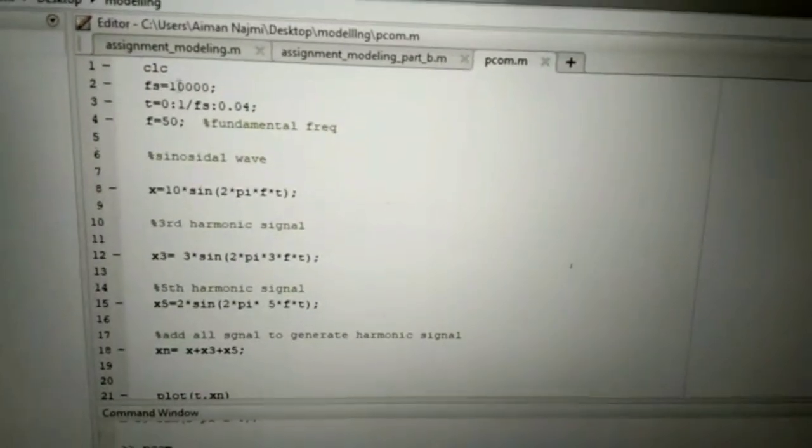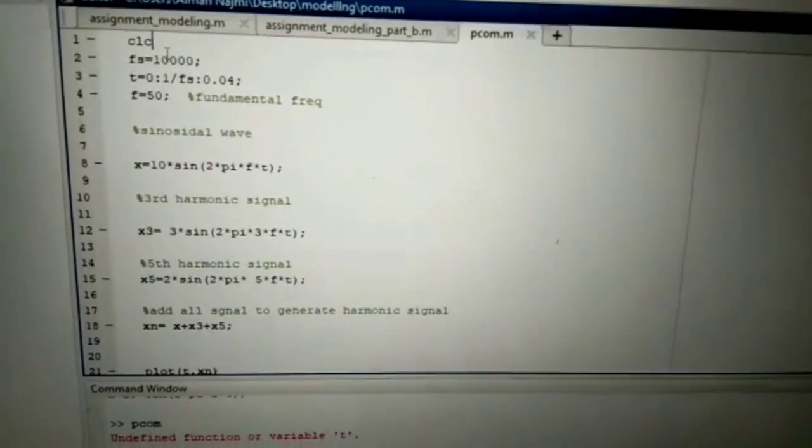Hello guys and Assalamualaikum. In this video, I want to show you how we generate a harmonic signal using MATLAB. So in front of me, I've done the coding for the MATLAB to generate harmonics. The function CLC is for clear, and FS is the sampling frequency.